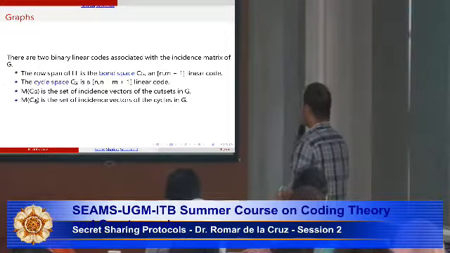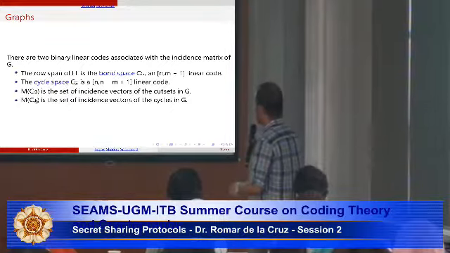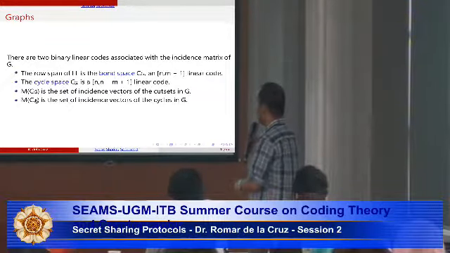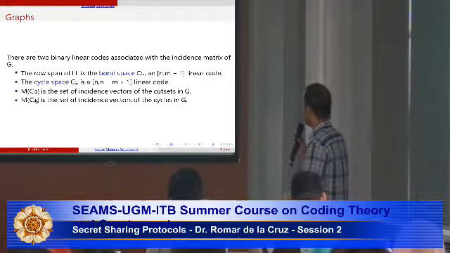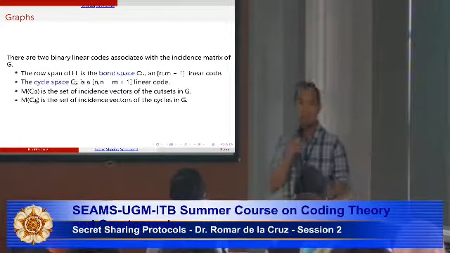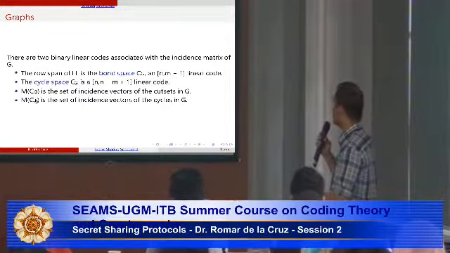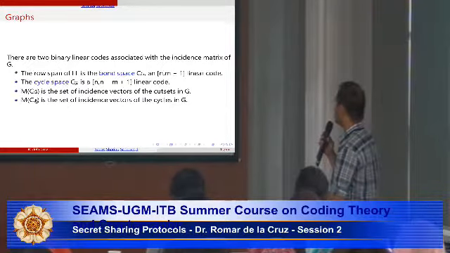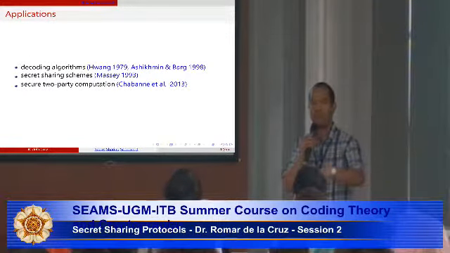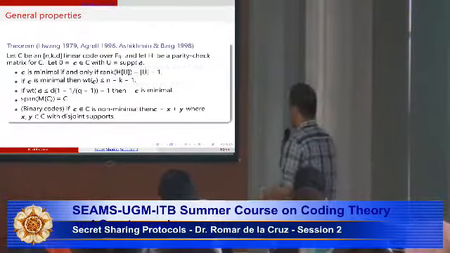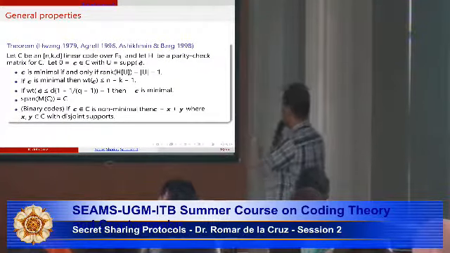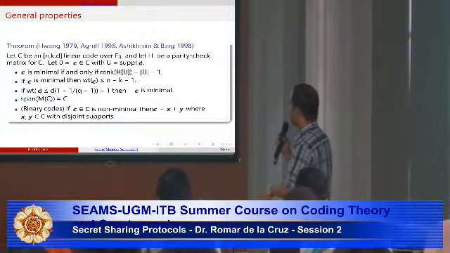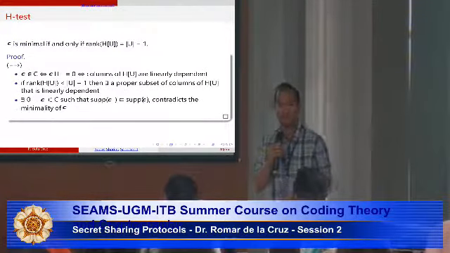Now, if you interpret the minimal code words of these binary codes, the interesting one is the cycle space. The minimal code words of the cycle space correspond to the cycles in the graph. And if you look at the minimal code words of the bond space, they correspond to the cut sets of the graph.